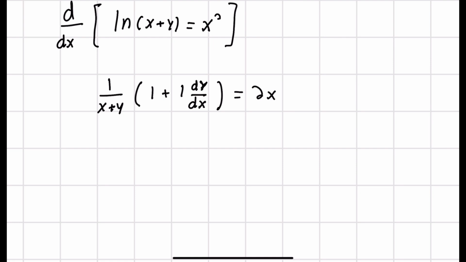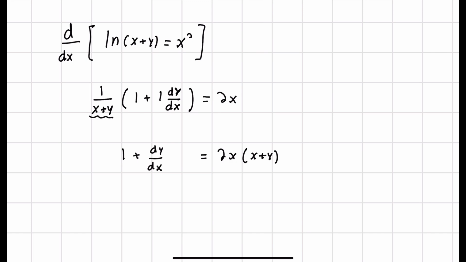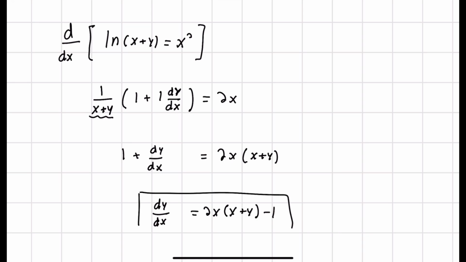Let's move x + y to the other side. So we have 2x times (x + y). And this gives us 1 plus dy over dx. And we can move the 1 to the other side. So this gives us dy over dx equal to 2x times (x + y) minus 1. And this is our final answer.